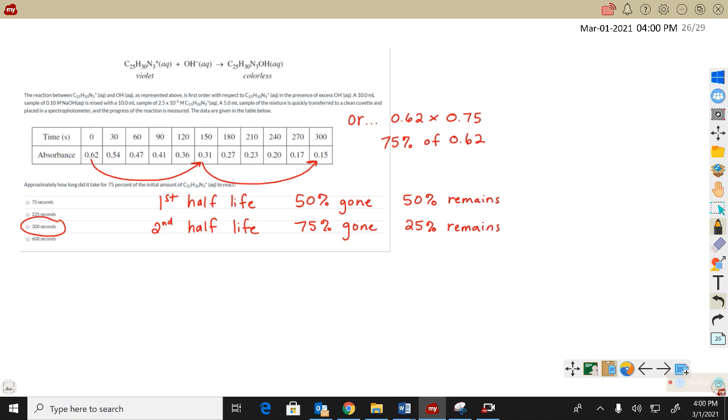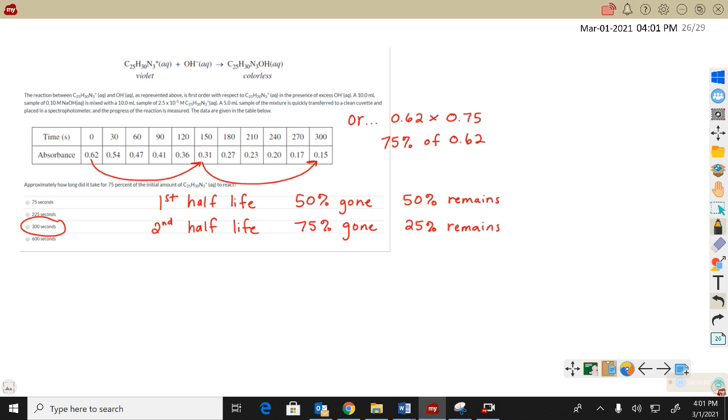Well, then after your second half-life, half of the remaining ion is consumed. And so now we're down to 25% remaining and a total of 75% reacted. 75% is gone. And so that would be the second half-life, which should be after another 150 seconds.